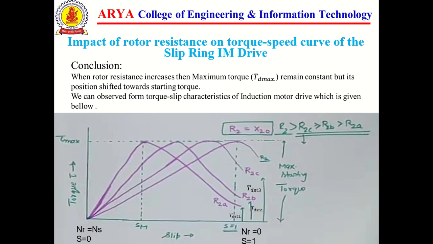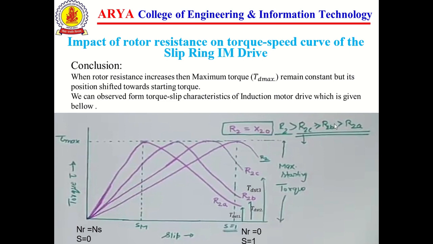So, the conclusion from these torque characteristics: we come to understand the torque speed characteristics. Whenever we change the value of resistance, here you can see R2C greater than R2B greater than R2A.